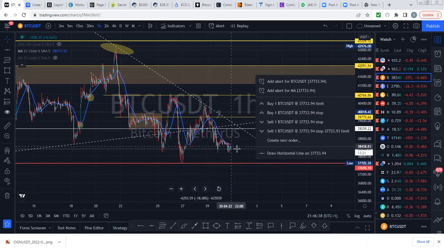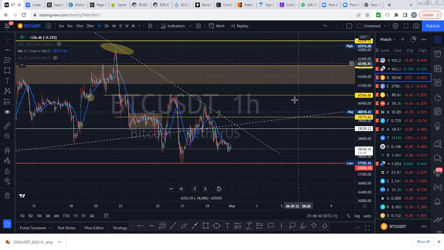Setting a buy order at that support point will be the best option. So it's either you set alerts or you set a buy order or a sell order. Like my own on spot, I have so many orders so that when price gets to that place, it will trigger immediately.